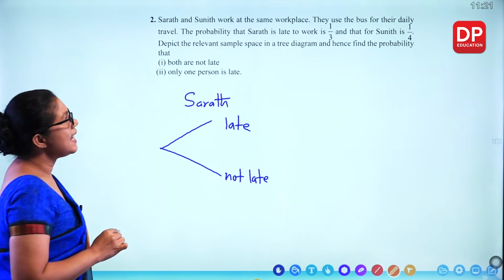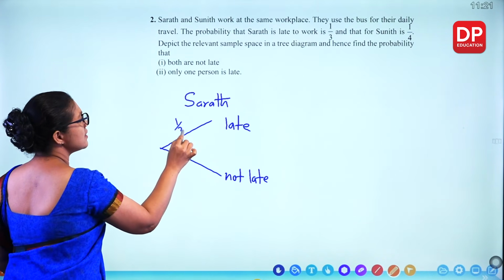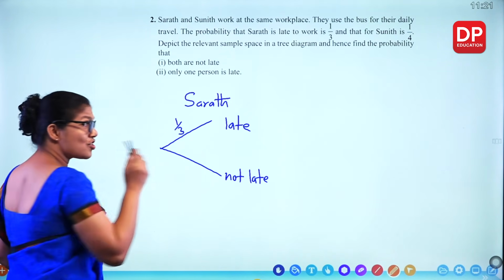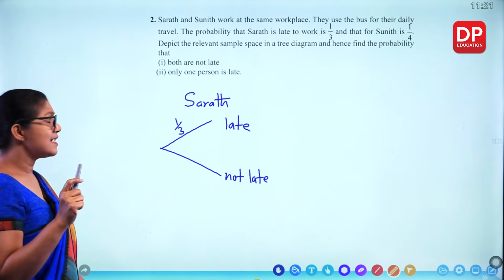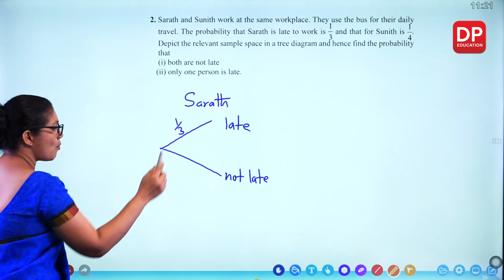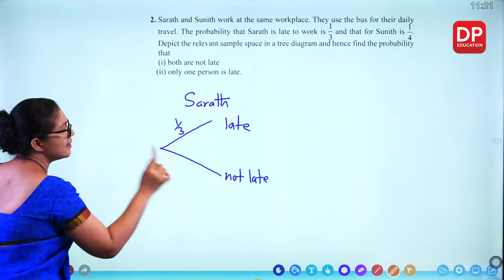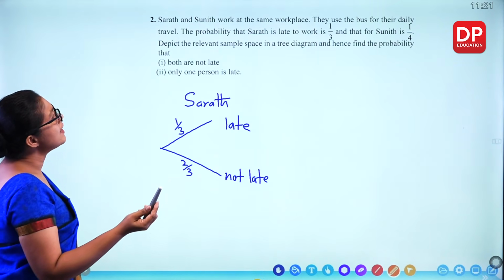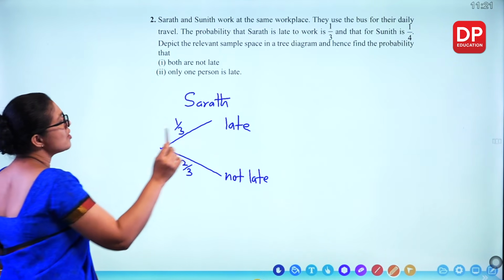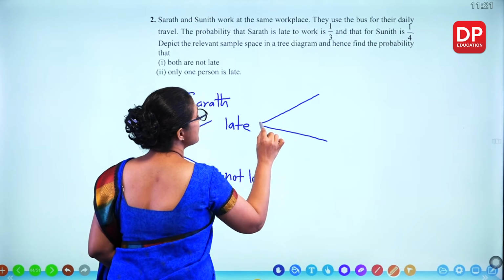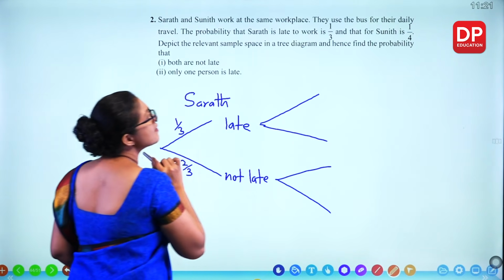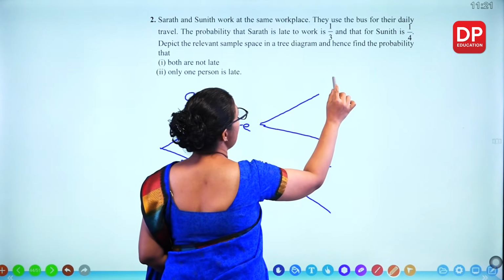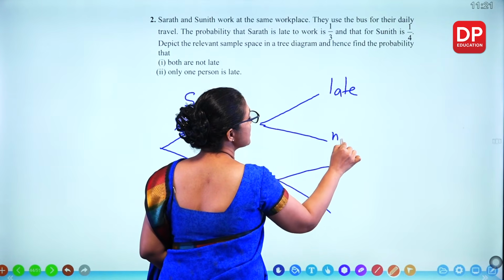So here we can write two possibilities, late, not late. What's the probability of getting late? It's given 1/3. Then what's this probability? I told you when you add the branches, you have to add the two probabilities. You are getting 1. So 1/3 is there. Then to get 1, this should be 2/3. Now we'll think about Sunith. Sunith also has the same two possibilities, late and not late.